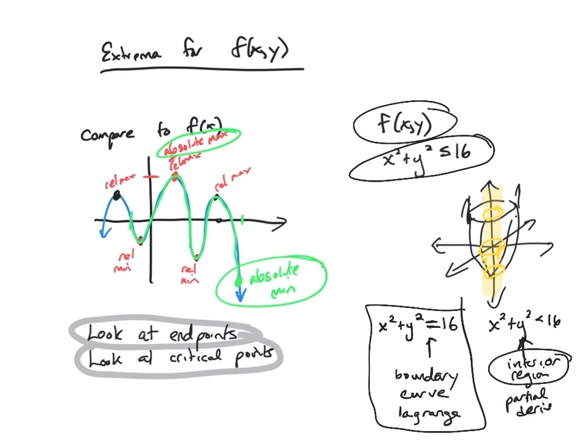Some of them are going to be strictly inequalities, in which case we will use partial derivatives. And some of them will be both, in which case we have to do multiple methods in order to find the possible high and low points. And then in the end, just like when we found all the candidates for points where things might be at the biggest or smallest, we're going to plug those things back into the function and see which is the biggest and which is the smallest output value.